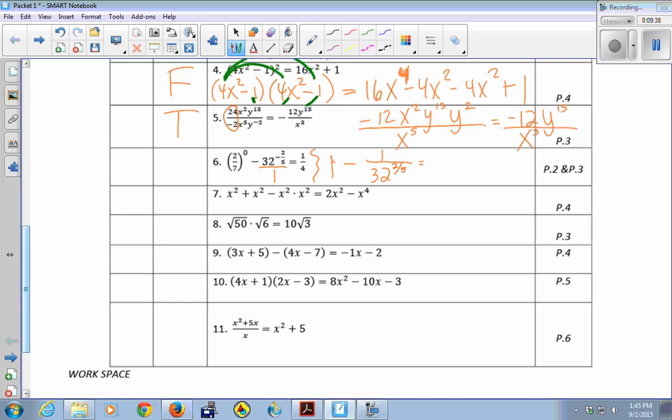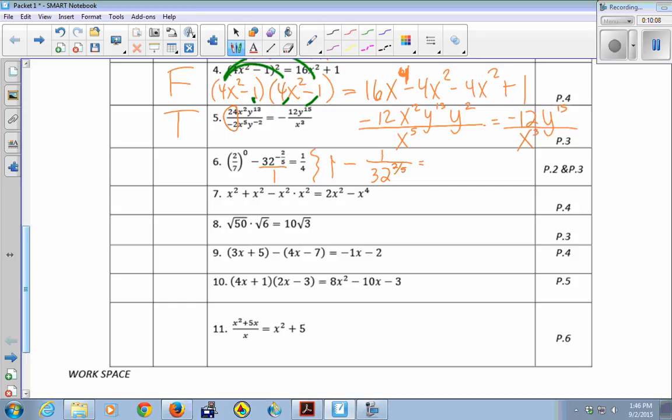Now, when you have a fractional exponent, the numerator is the power, and the denominator is the root, right? And some people remember that by remembering that roots go in the cellar, right? Roots belong in the cellar, so the bottom number is the root. So I want to take the 5th root of 32. What number can you multiply by itself 5 times and get 32? 2.